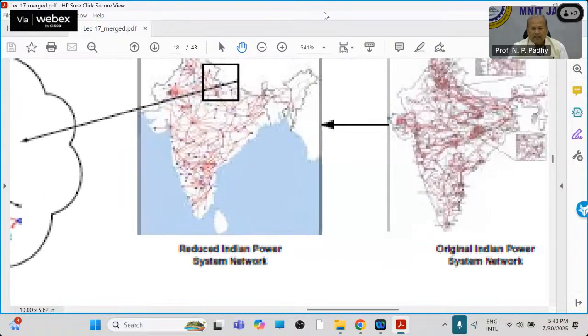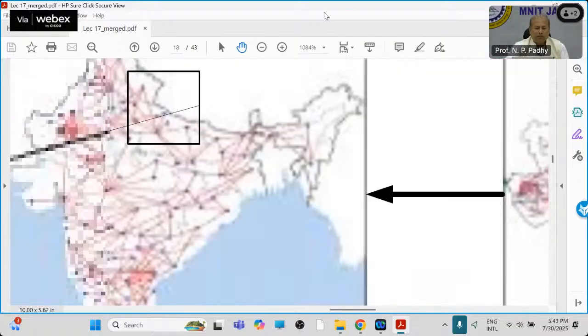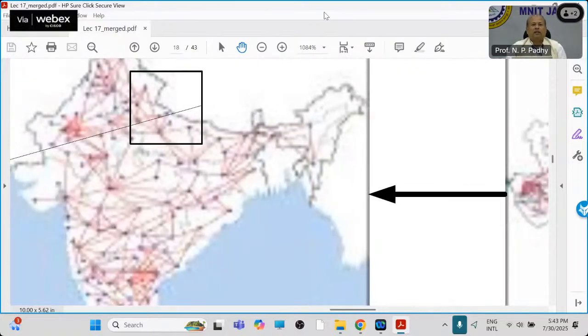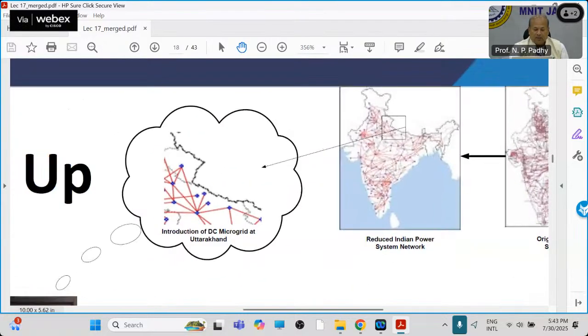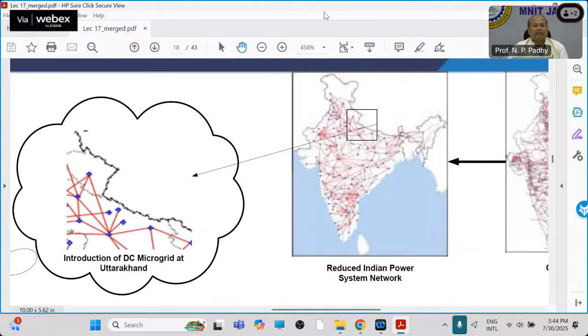Then in that box you see, there is a small box. This is where we live. Uttarakhand comes to that region. So our lab falls there. These are all 400 kV buses of the country. Our 400 kV bus actually falls there. So this is the zoomed one, and you see the zoomed one looks like this, left hand side.